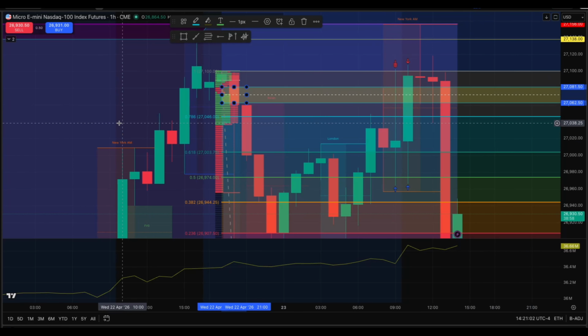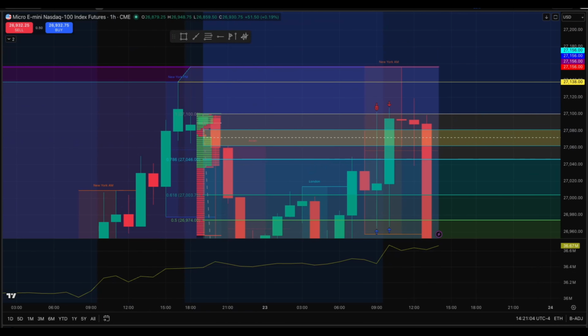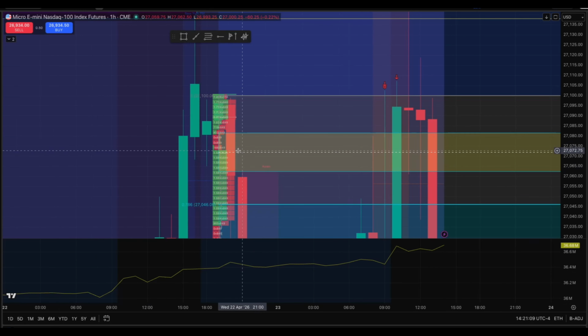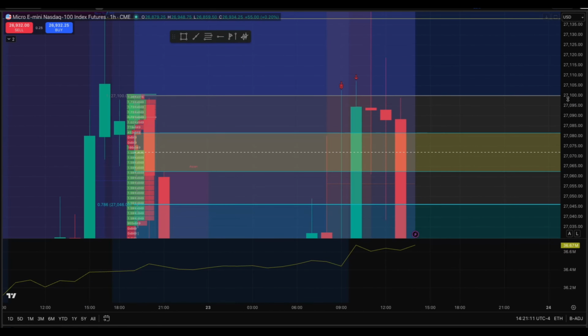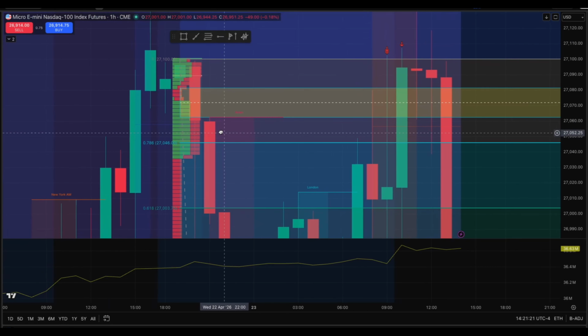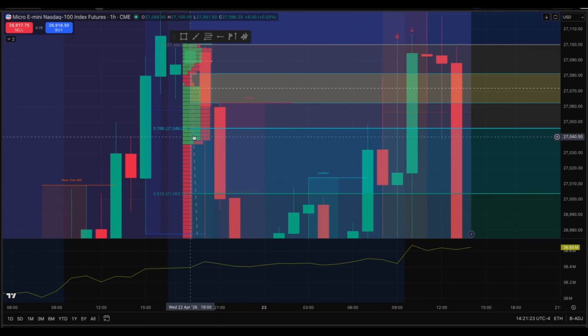on this hourly fair value gap. Over here you can see you have a small imbalance, very small, as opposed to these other ones. So how do I explain this to you guys?